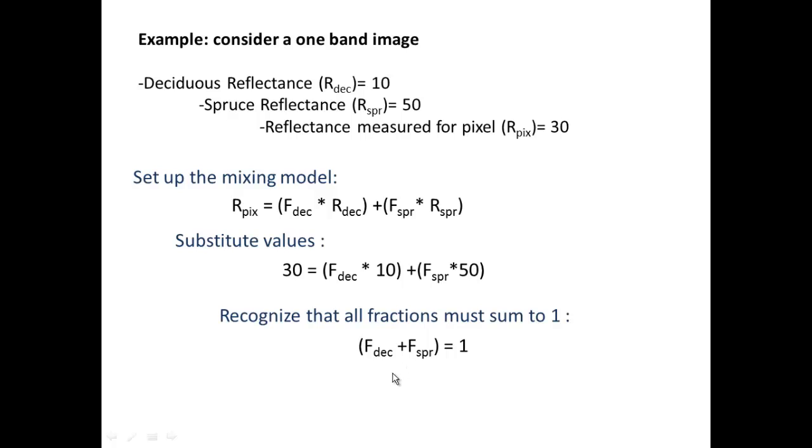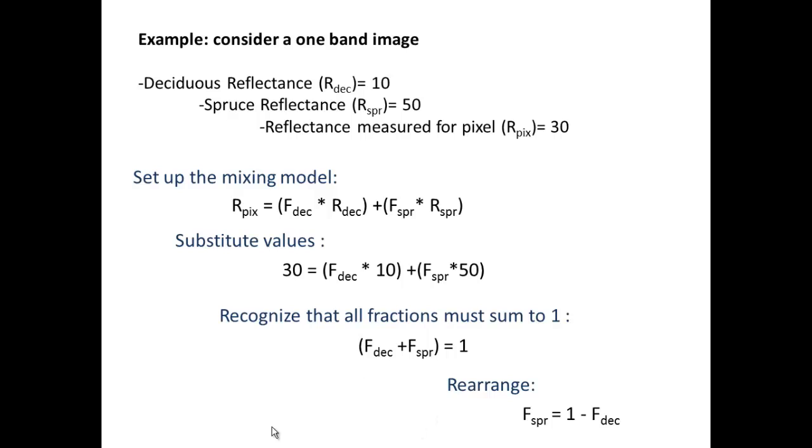We're going to recognize that the fraction of deciduous plus the fraction of spruce must equal 1, okay? And by imposing this constraint, we're assuming that it's only deciduous and spruce trees that are reflecting light back to our image. And this might prove to be a bad assumption later on. But for now, we're going to make this unit sum assumption.